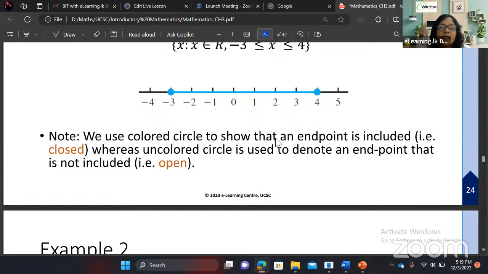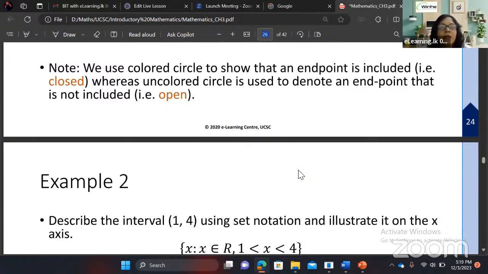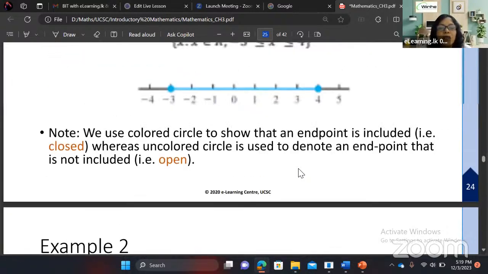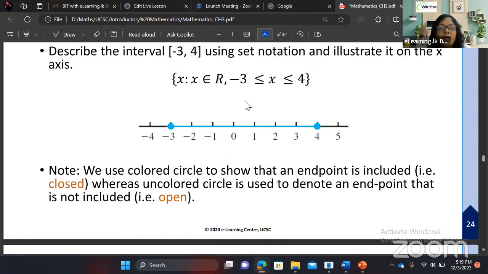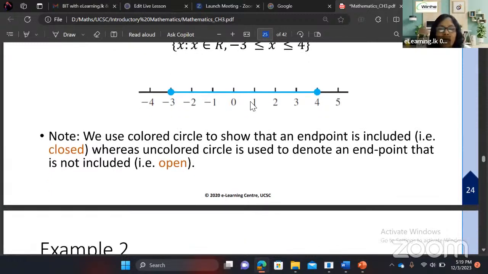Then the other thing you have to keep in mind: if it is shown on the number line and it is colored, that means those numbers are included. If the points are not colored, that means those numbers are not included, right?